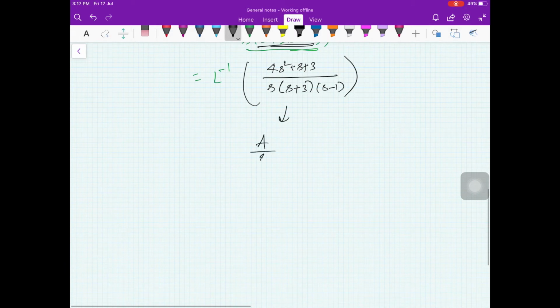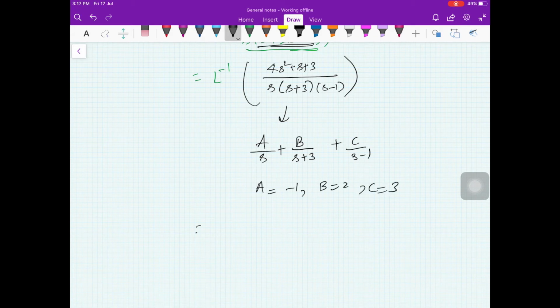Now you can make the partial fractions: you can write it as A upon s plus B upon s plus 3 plus C upon s minus 1. Now you just find out the values of A, B and C. You'll get A is equal to minus 1, B is equal to 2, C is equal to 3.